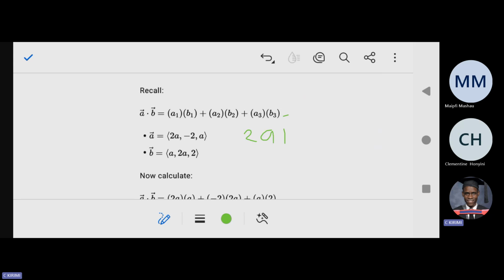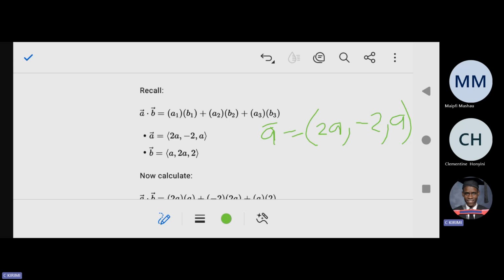The vector A is equal to 2A in the X direction, -2 units in the Y direction, and A units in the Z direction. This is how you can write it.